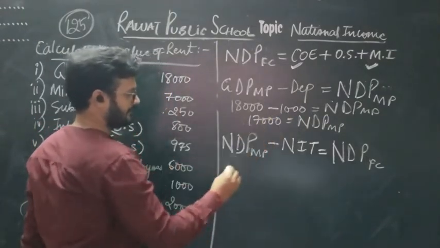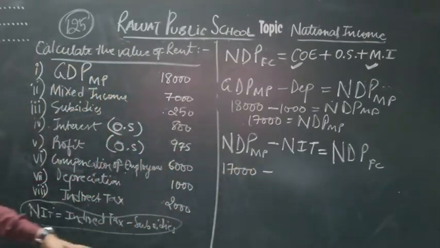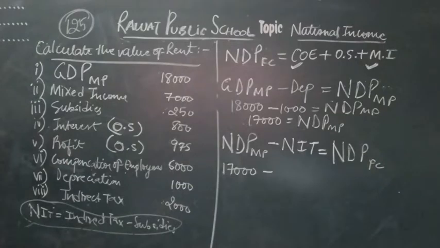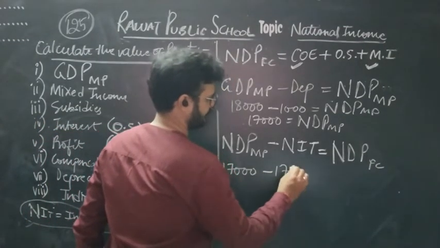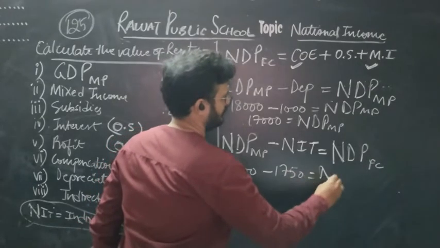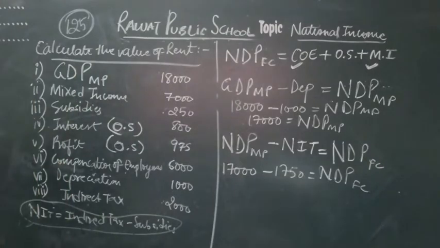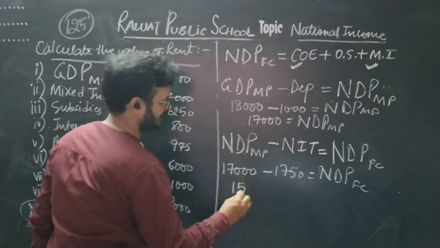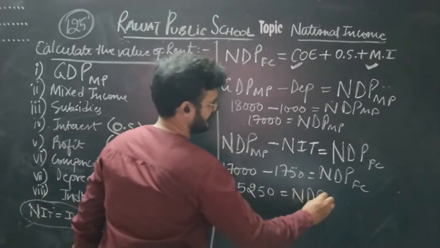NDP at MP we have calculated above. NIT we can calculate using this formula: indirect taxes minus subsidies, that would be 1,750. So here we arrive at NDP at FC, which means 15,250 would be our NDP at FC.